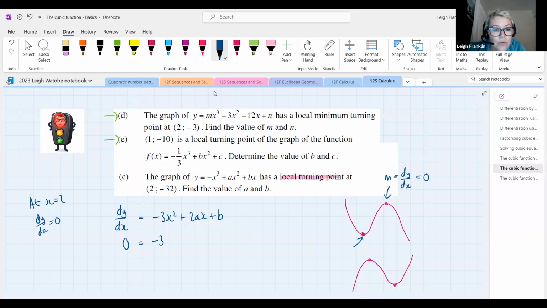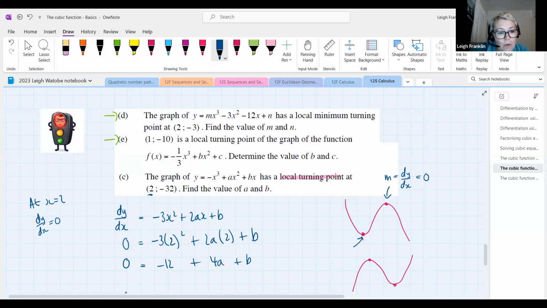So what we can do is sub that x coordinate in here so that we've got an equation in terms of a and b. So this would give us minus 12 plus 4a plus b. And if I take my number over to the other side, I'd have 12 equals 4a plus b. And that would be your first equation, Kamogelo.